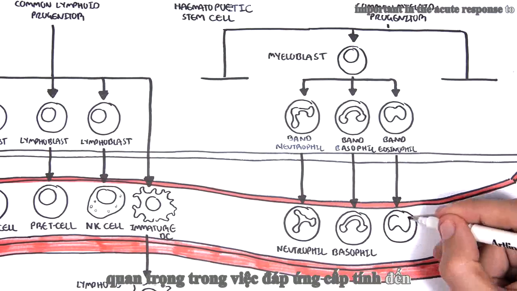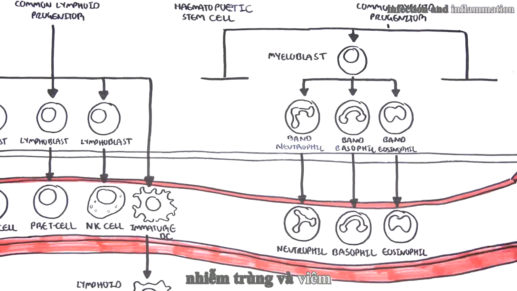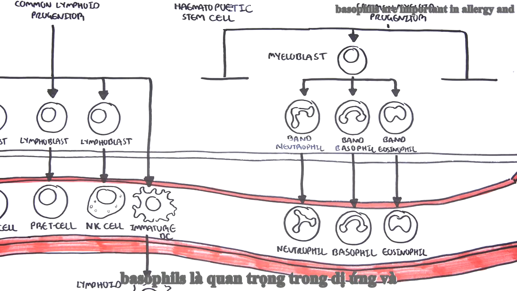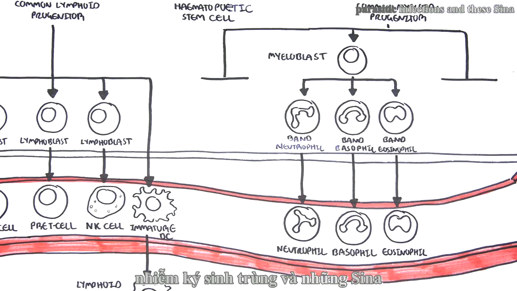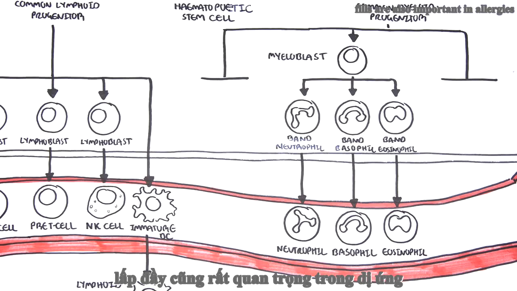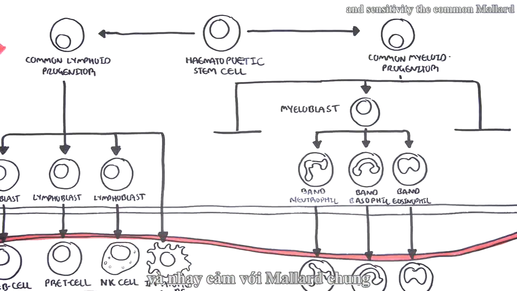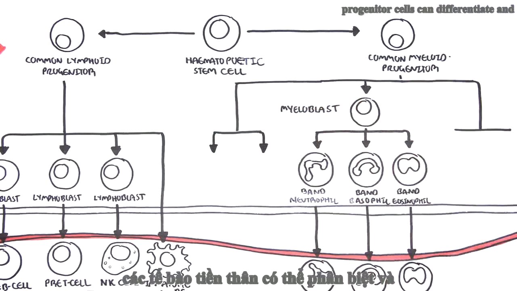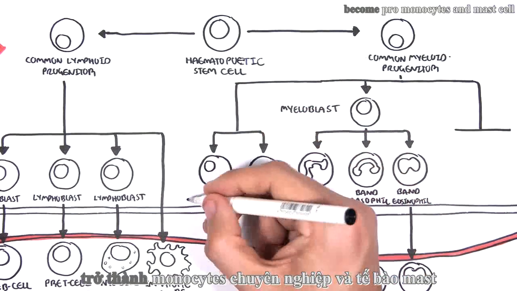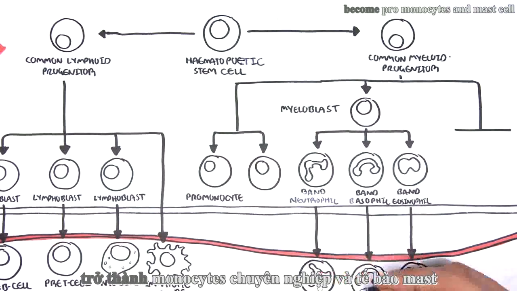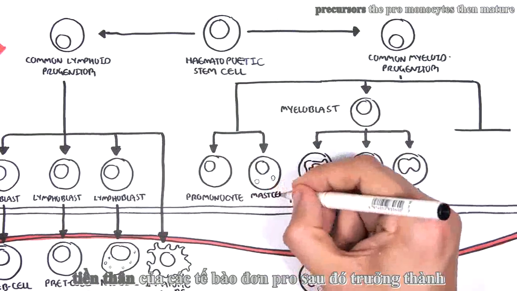Neutrophils are important in the acute response to infection and inflammation. Basophils are important in allergy and parasitic infections, and eosinophils are also important in allergies and sensitivity. The common myeloid progenitor cells can differentiate and become pro-monocytes and mast cell precursors.